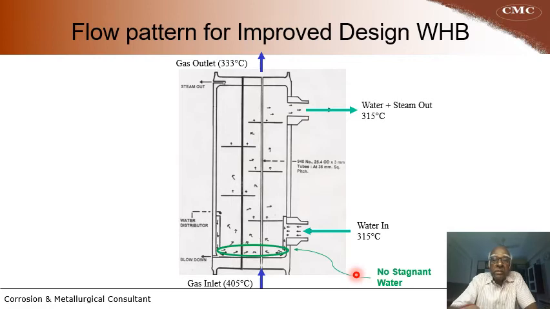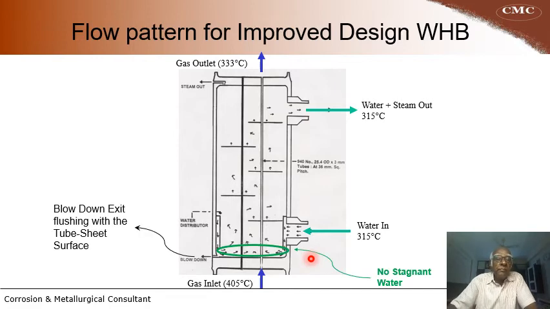There is no stagnant water in the bottom area where the tubes have failed earlier. So this modification of removing the stagnant water has resulted in preventing the failure of the tubes. Blowdown exit flushing with the tube sheet surface. So there is no stagnant layer here.